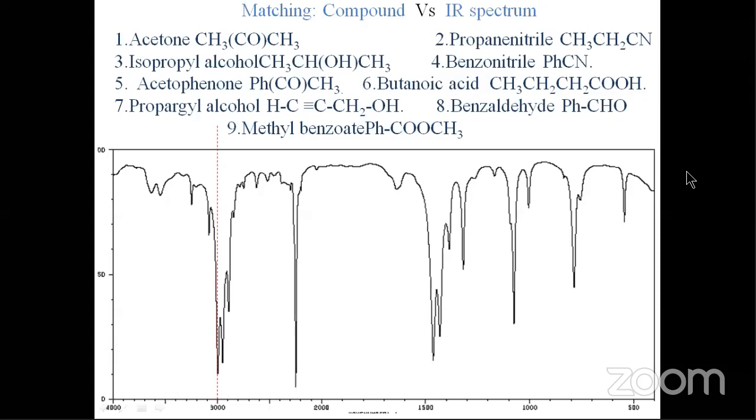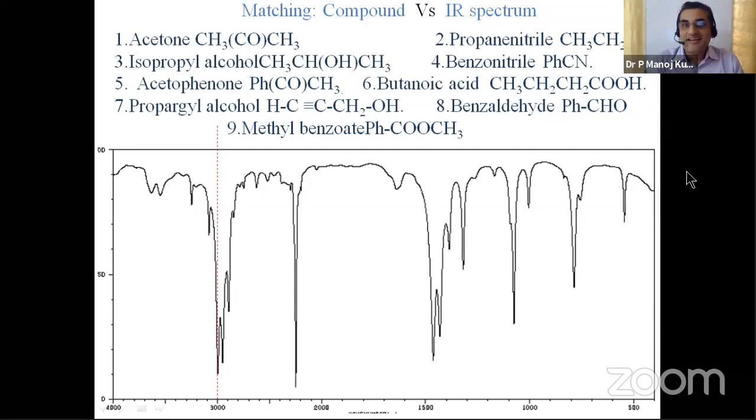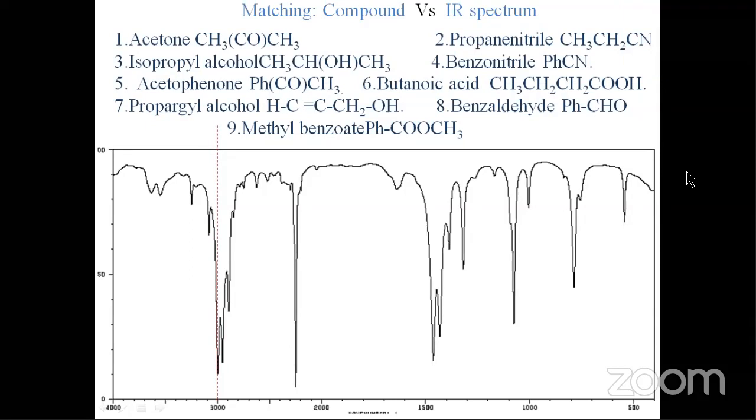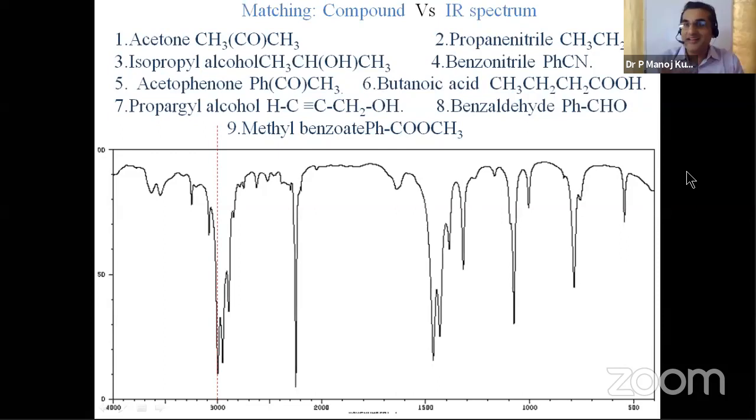Regarding the displayed spectrum, one participant gave an answer that the displayed structure is benzonitrile. Benzonitrile. Okay, very nice. First of all, congratulations to that person who has tried to identify it.